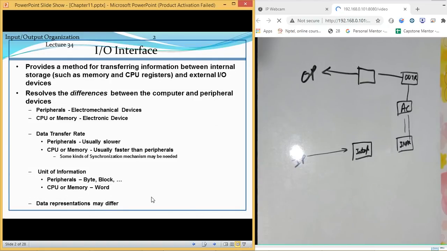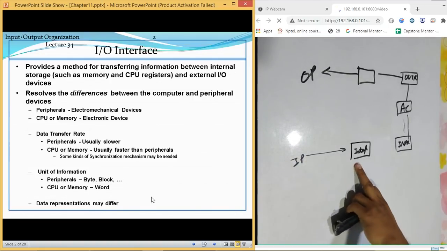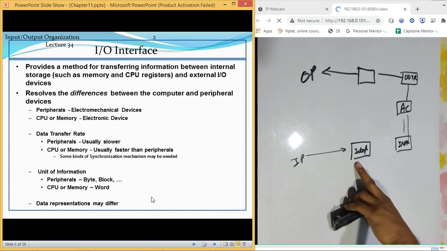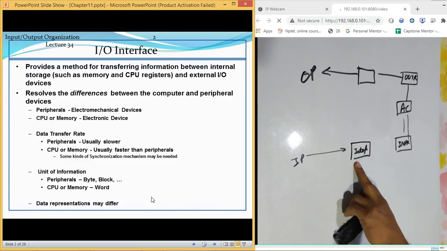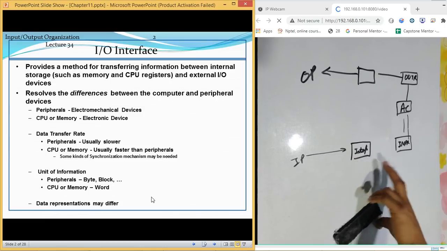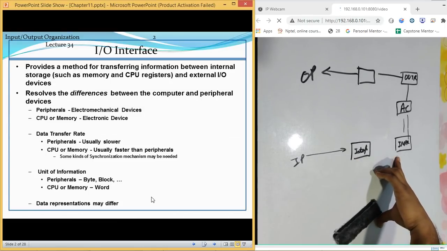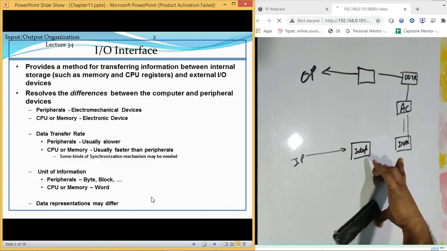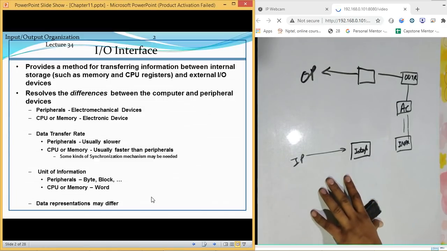Now, why do we need this interface? That is the second thing. Whenever we talk about a computer, we are aware that the internal registers or internal system which we have in our computer is very fast as compared to the input output devices, because input output devices are electromechanical devices.